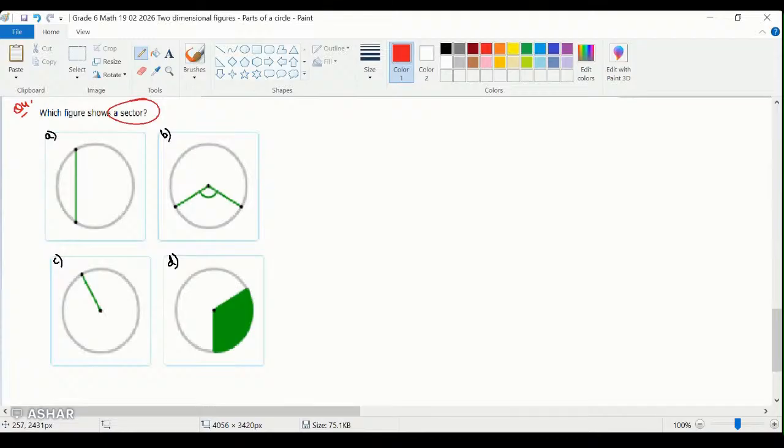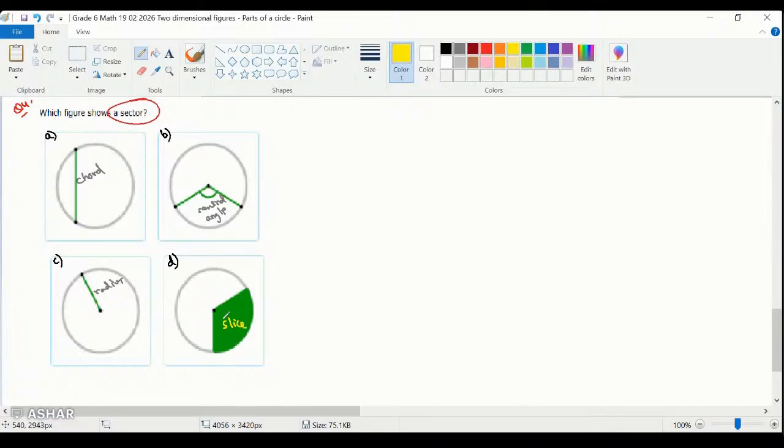We know that a sector is an enclosed space. A sector we define as a slice, right? So we say that this was a chord, this was radius, we just did this was central angle. If this is not option A, B, or C, then the slice would be this.